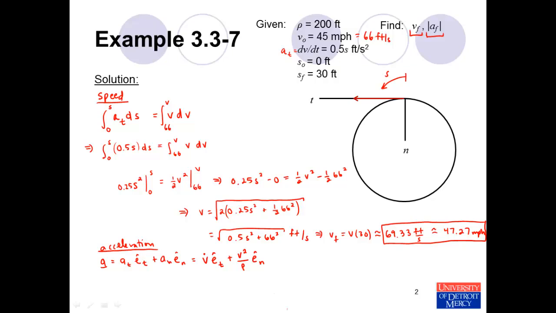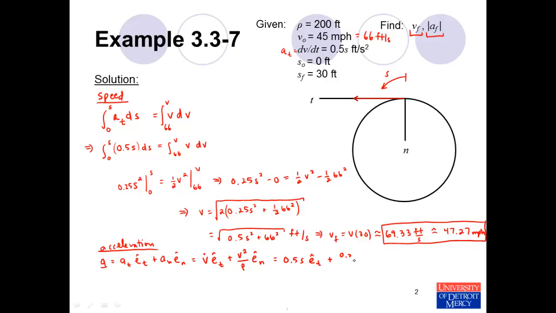Looking at what we're given, we have an expression for v dot. It's 0.5 s. And we just found an expression for v as a function of s. So this is what v is equal to when we square it.